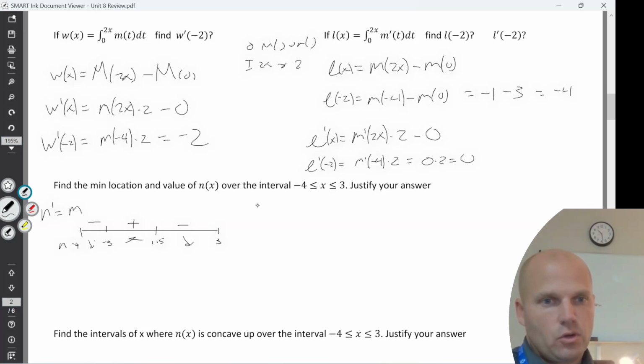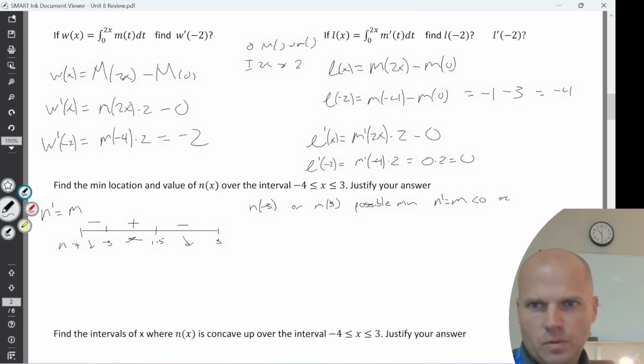Okay, so my possible mins are n of -3 or n of 3, as n prime, which equals m, is less than 0 from -4 to -3 and from 1.5 to 3.